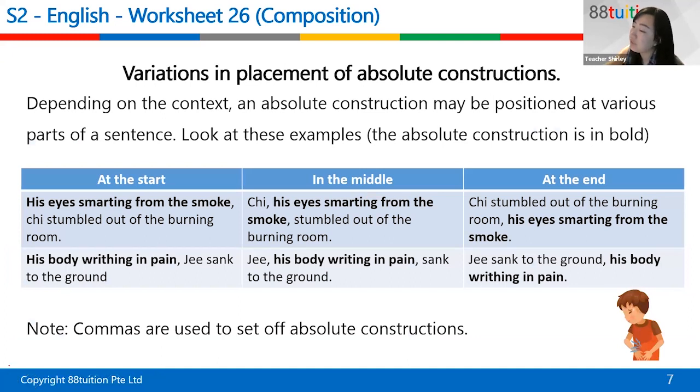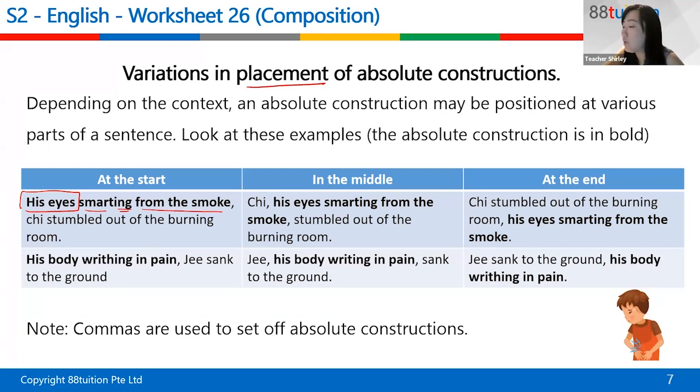Now, how do we vary the placement? When we talk about placement, we're talking about beginning, middle, and end of a sentence. So we can put the absolute construction at either the beginning, middle, or end. So these are the examples here. The absolute construction is in bold, right? Remember, absolute construction always starts with a noun phrase or a noun. Then it has your -ing or -ed participle at the back.